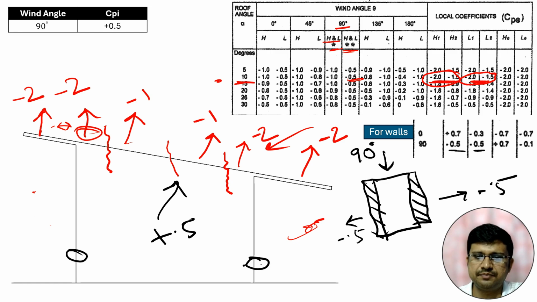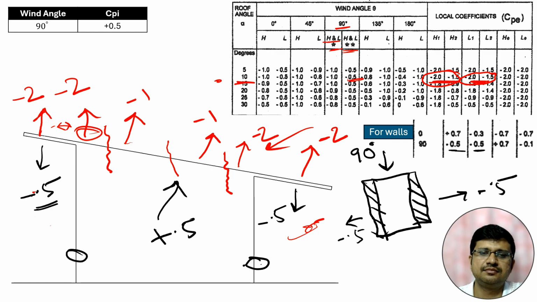We will consider -0.5 in the downward side of the overhanging portion, because these two portions are not the windward portion. So in this portion, we will consider the CP of the wall, same as the CP of this overhanging portion.